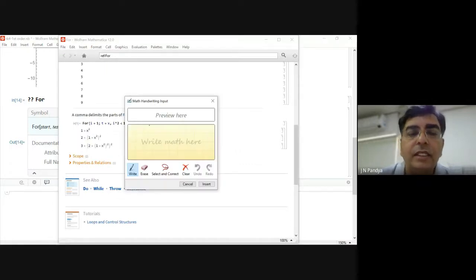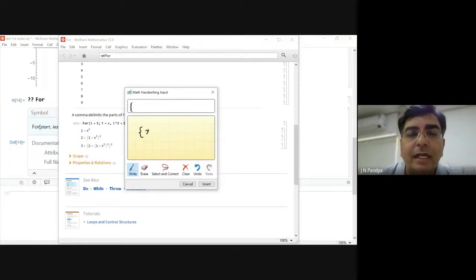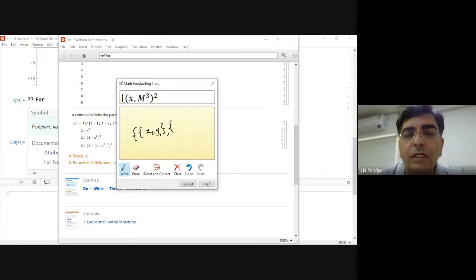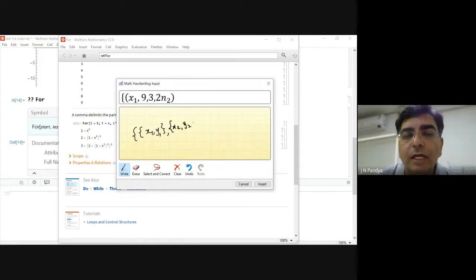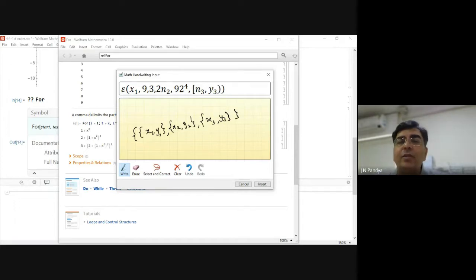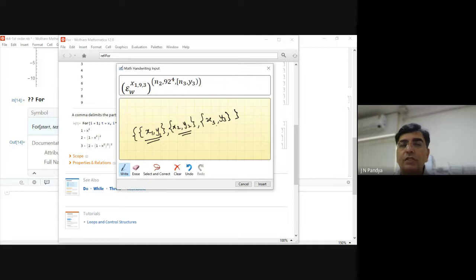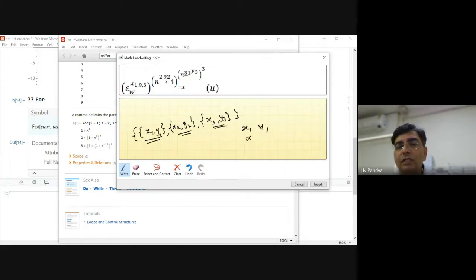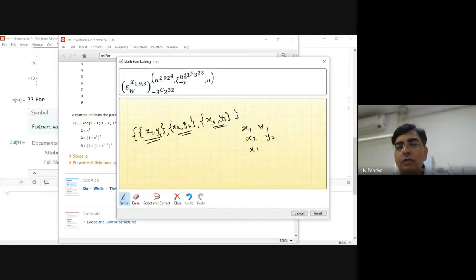Okay. See, when I write X, Y data set, so this is X and this is Y. But the moment I write it this way, X1, Y1, X2, Y2, X3, Y3, this is how I write a table in Mathematica. This is first row, this is second row, this is third row. So actually what I have written is this thing, X1, Y1, X2, Y2, X3, Y3.